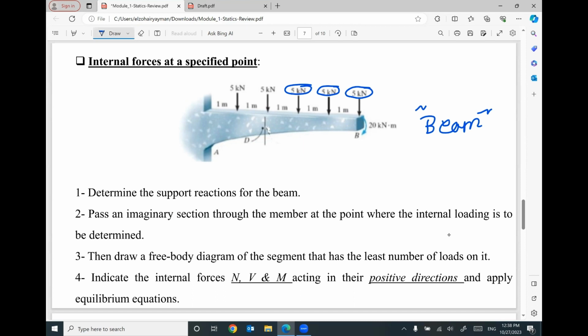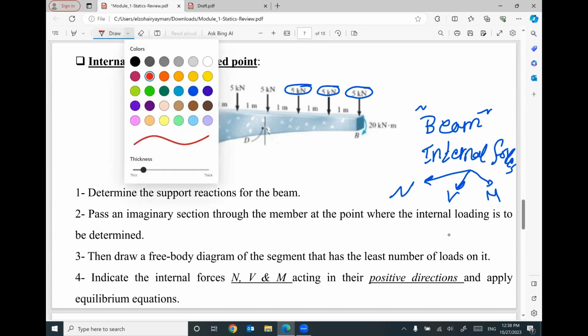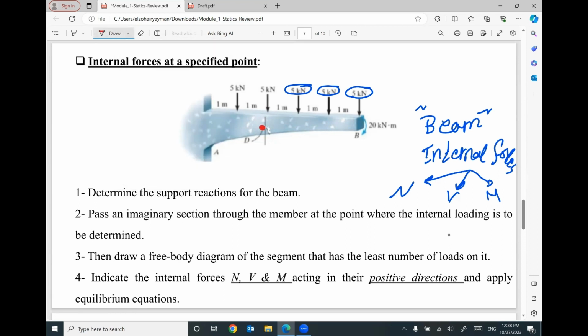These external forces will create internal forces in three forms: axial force, capital N, shear force, capital V, and bending moment, capital M. I will give you a specific point like this point, and I will ask what are the values of the internal forces, axial force, shear force, and bending moment at this specific point. We have a few steps we need to follow, 4 steps.